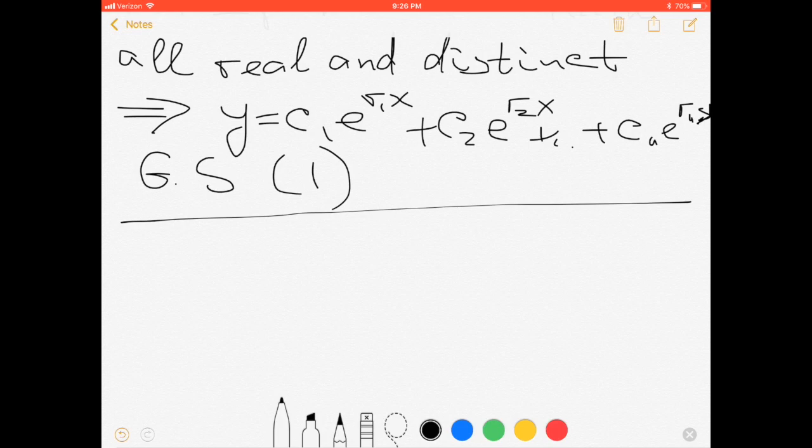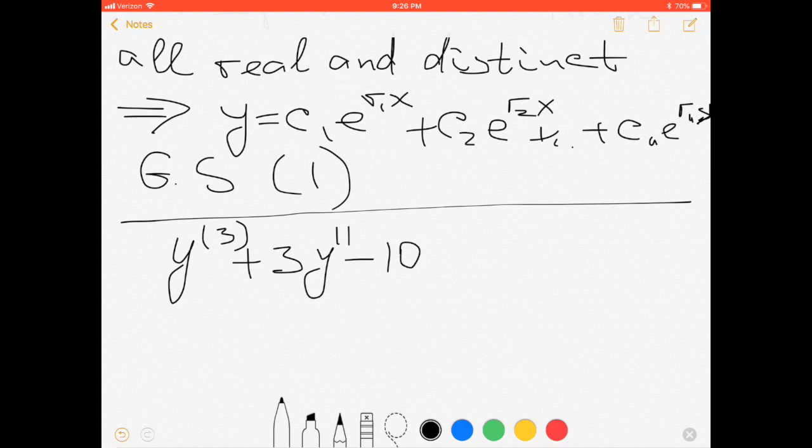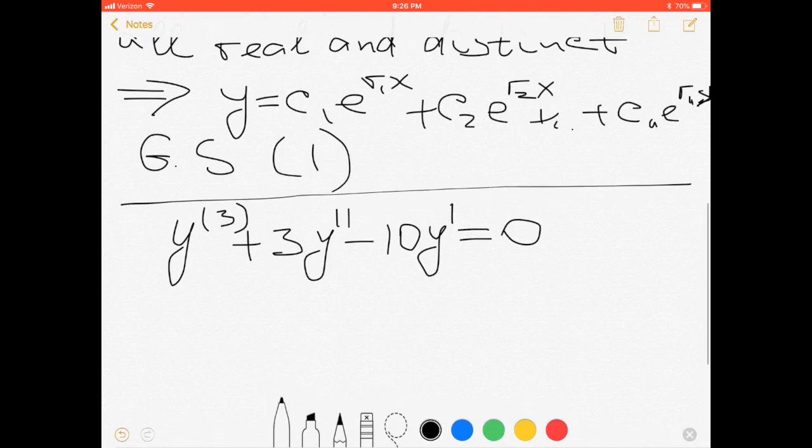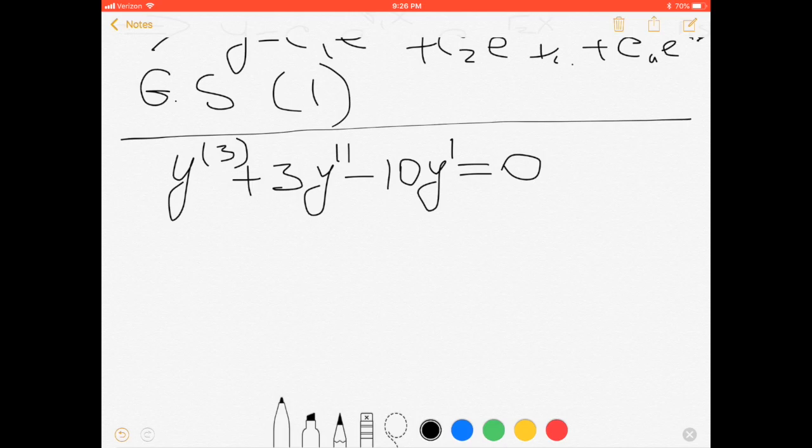Okay, let's go. We have a third order differential equation, y third plus 3y second minus 10y first equals 0. Now I write my characteristic equation. This is example number 1.